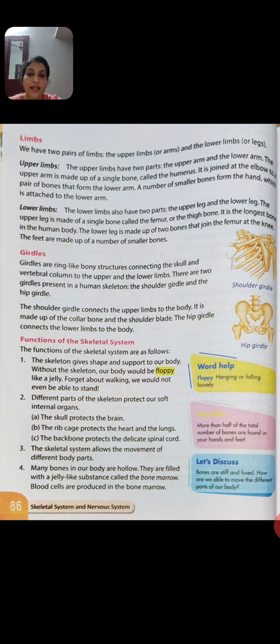Girdles. Girdles are ring-like bony structures connecting the skull and vertebral column to the upper and the lower limbs. There are two girdles present in a human skeleton, the shoulder girdle and the hip girdle.